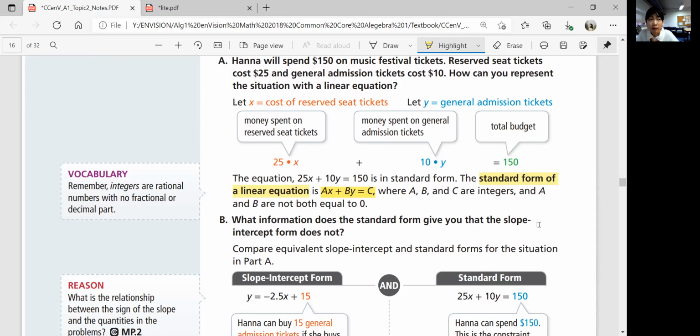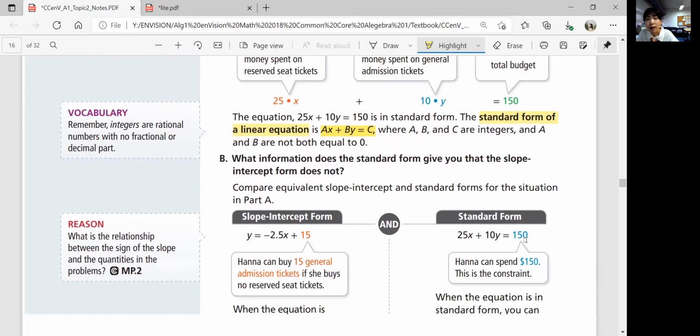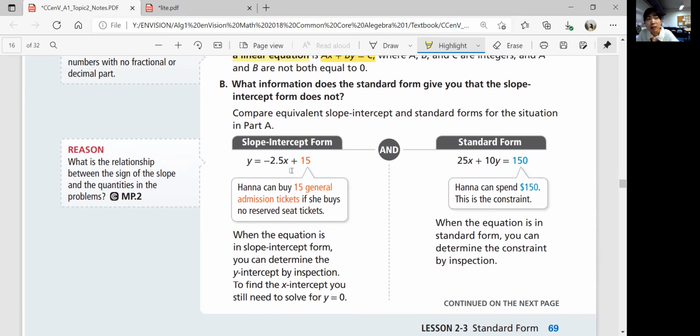Part B: what information does the standard form give you that the slope-intercept form does not? So what's so special about the standard form? Compare the forms. We've got slope-intercept form on the left, standard form on the right. Slope-intercept form has the slope and the y-intercept, right? Standard form tells you the total number that she wants to spend.